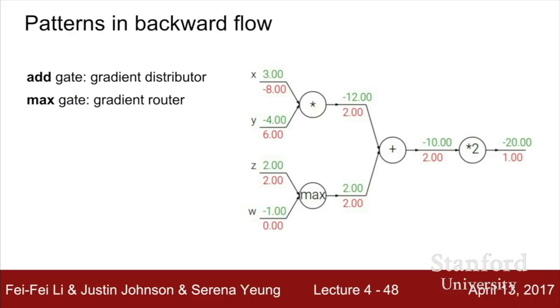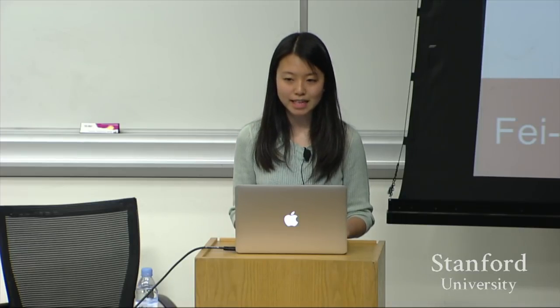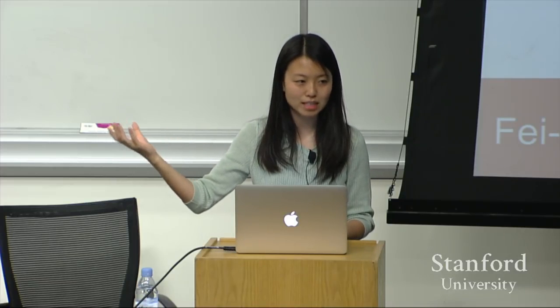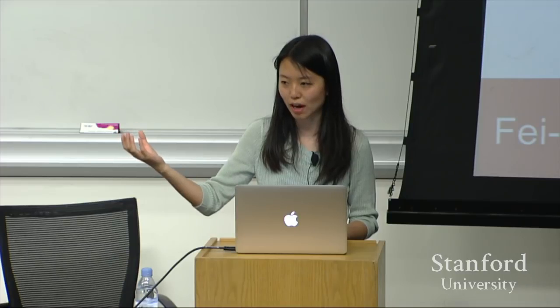Whereas the addition node passed back the same gradient to both branches coming in, the max gate will just take the gradient and route it to one of the branches. This makes sense because if we look at our forward pass, only the value that was the maximum got passed down to the rest of the computational graph. So it's the only value that actually affected our function computation at the end. And so it makes sense that when we're passing our gradients back, we just want to flow it through that branch of the computation.